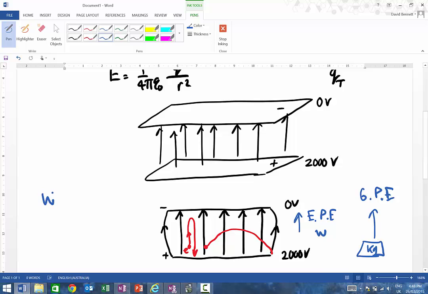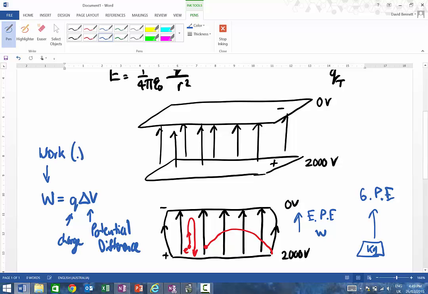In your notes, you can find a formula which says W equals Q delta V, where delta V refers to the potential difference, the difference in voltage, and Q is the charge. The work is always measured in joules.